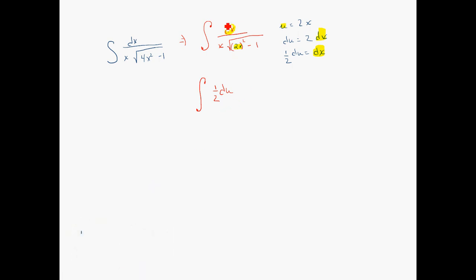Now I'm just going to put a 1 right there. Now I'm going to put a 1 over, I'm going to circle that so I don't forget it, and I'm going to put the square root of u squared minus 1. But I can't just, right? So check the dx, check the 2x, but I still have this x floating out here.